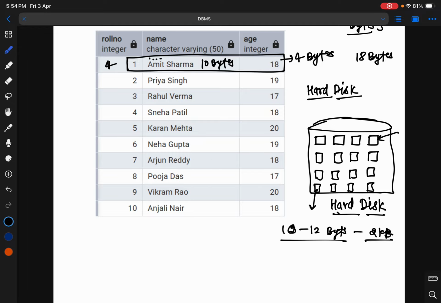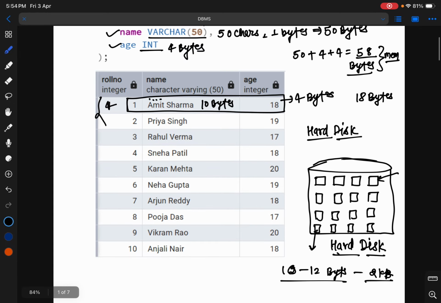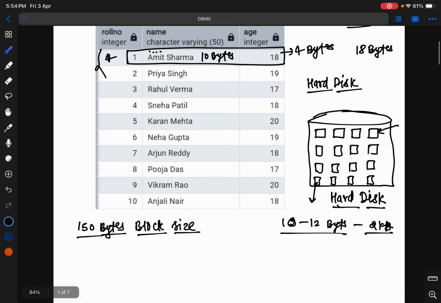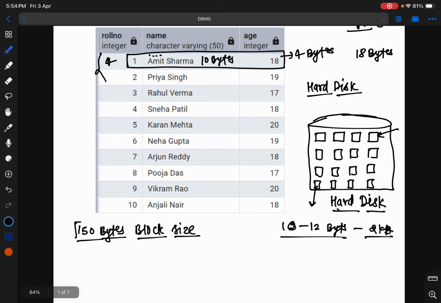So if we talk about how this entire table is going to be stored, let's suppose we have a hard disk where each block size is, for example, 150 bytes. This is the block size in the hard disk. If one block can store 150 bytes, how many records can one block have?